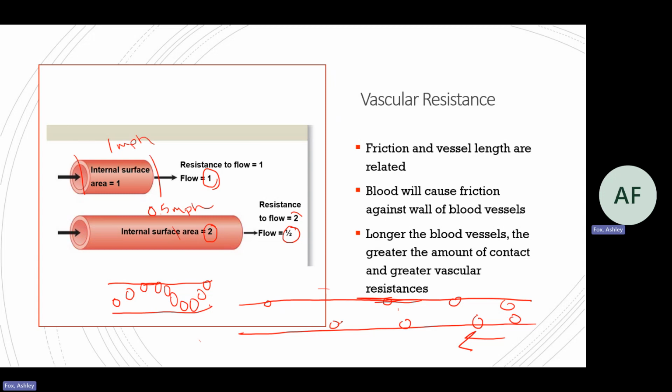So double the length of the blood vessel and you halve the flow rate. So you're doubling the resistance to flow, and then you're halving the flow.